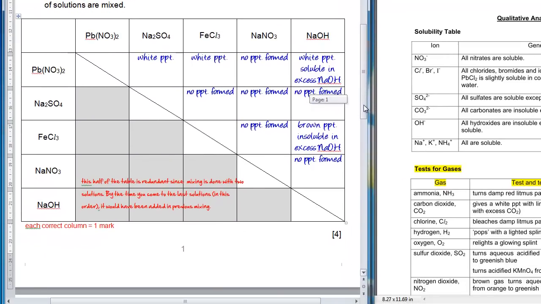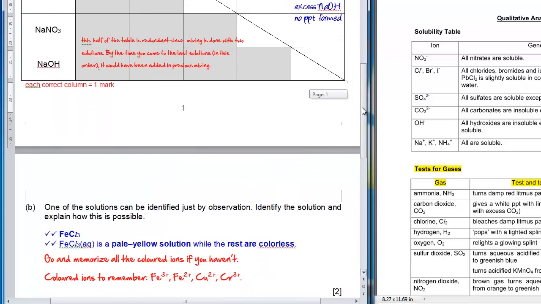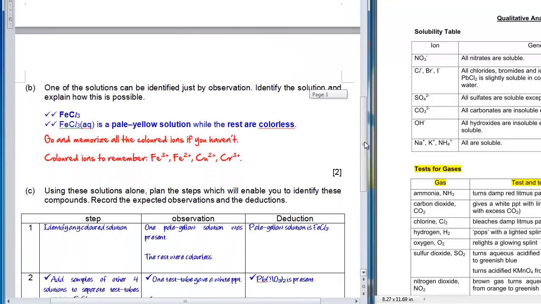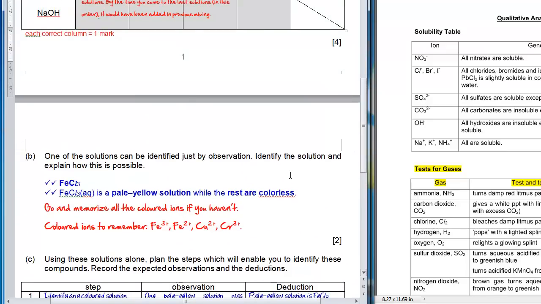Okay, so let us go to the questions. The question here is: one of the solutions can be identified just by observation. You are supposed to identify the solution and explain how this is possible.